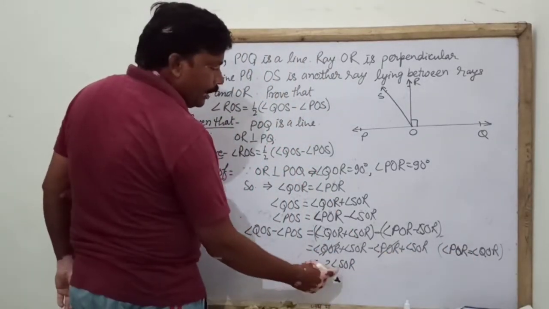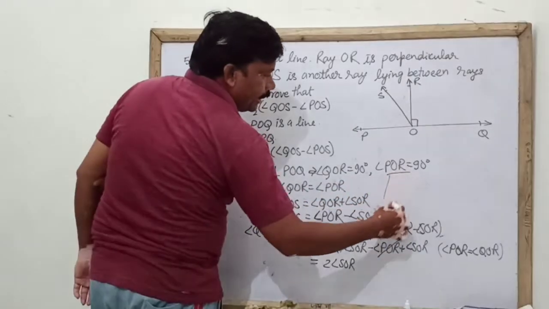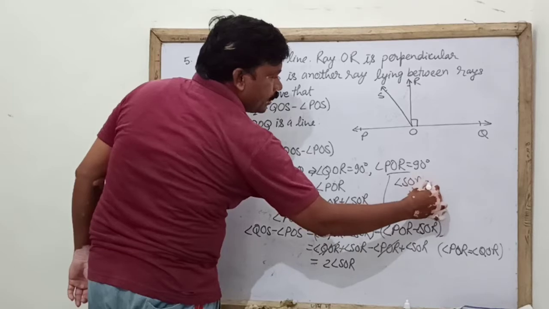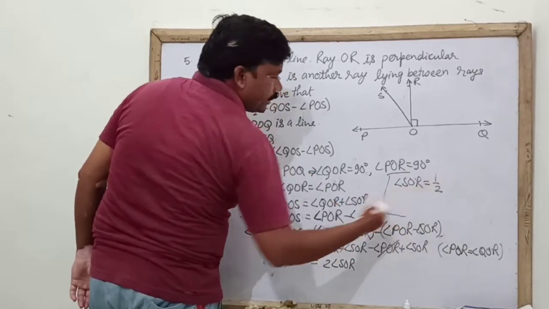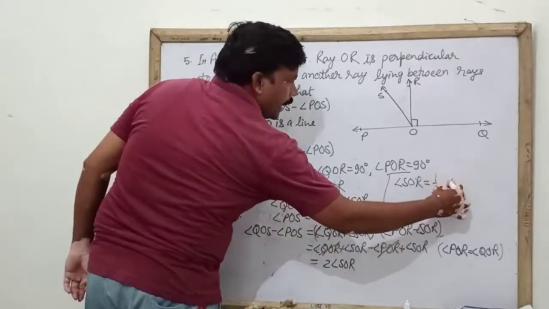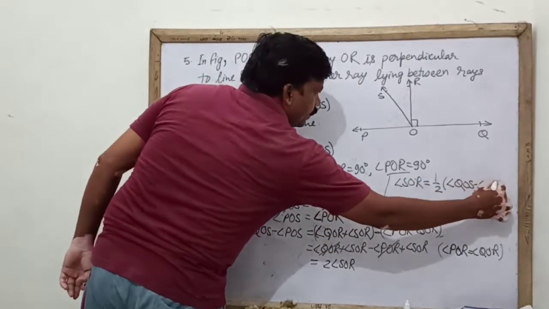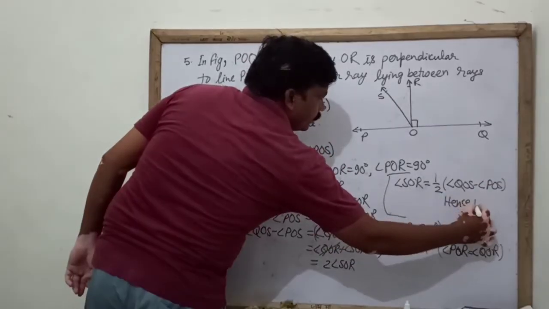Now finding the value of it, 2 will be transferred to this side. Then what can be concluded? That angle SOR equals 1 by 2, angle QOS minus angle POS, hence proved.